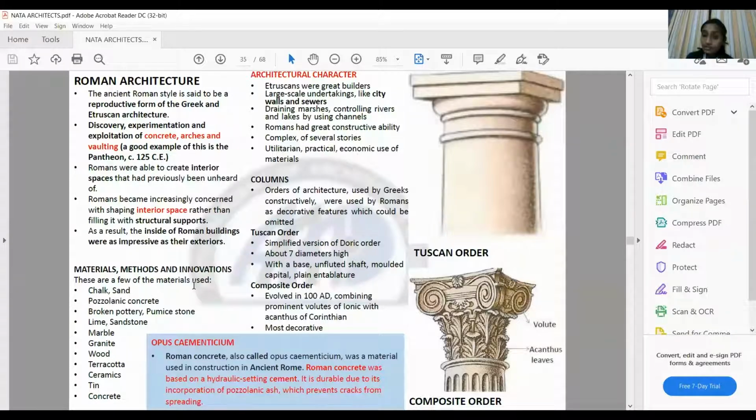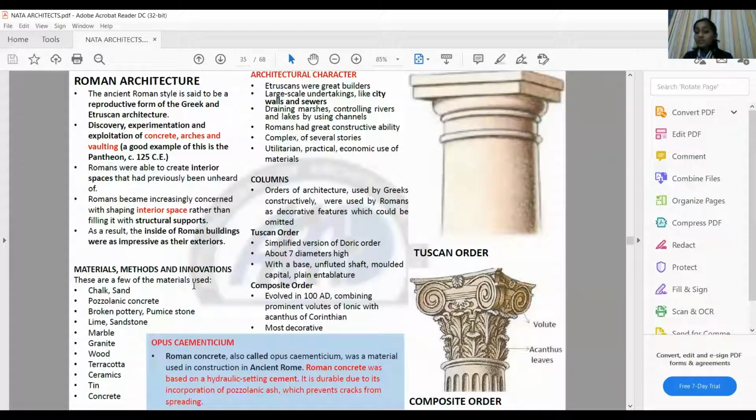So the three orders that we studied previously in the Greek architecture were the Doric, Ionic, and the Corinthian, right? So these again added two more orders into the construction technology: one is the Tuscan order and the other the composite order. The Tuscan order is mainly the basic form, which is the simplified version of your Doric order in itself.